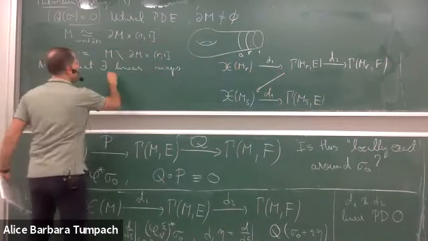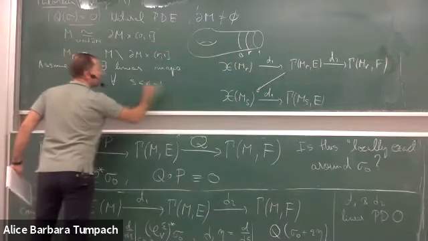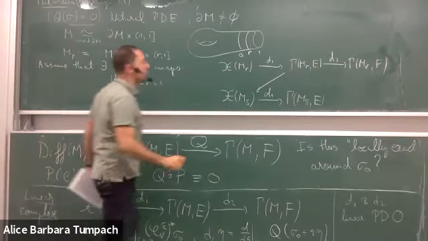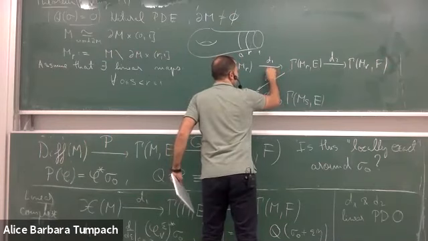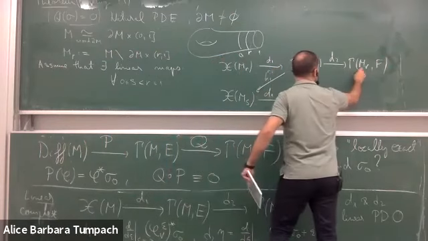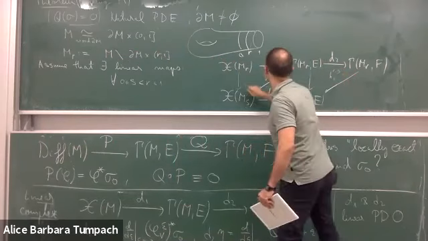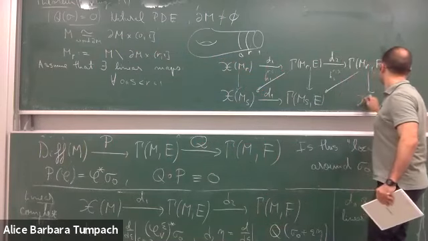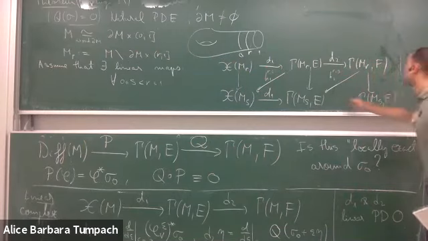For each S smaller than R between 1 and 0, we assume that there are maps like this H1, which should have also an R and an S index here, and then H2, R and then S, the sections of N, S, F.